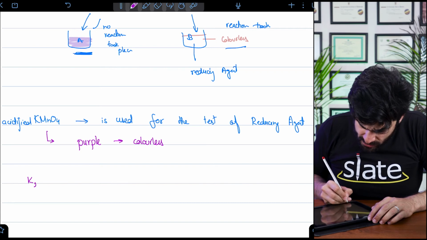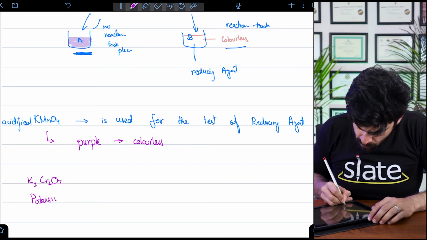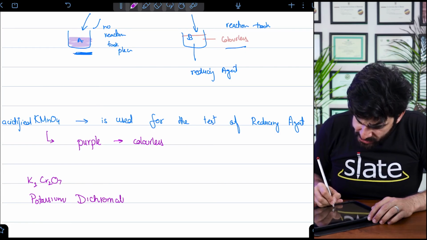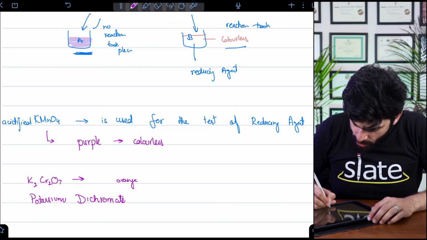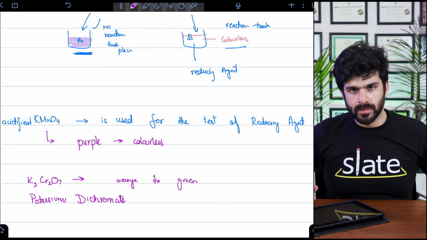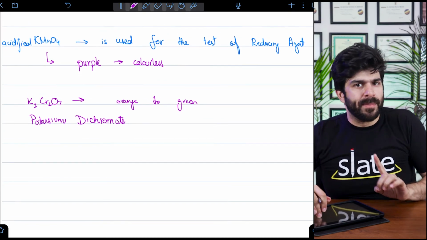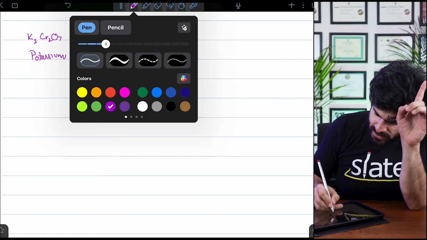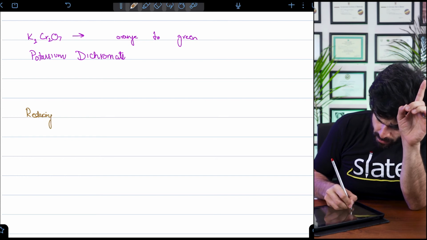The other entity was K2Cr2O7, potassium dichromate, also an oxidizing agent, and the color change was orange to green. That is for potassium dichromate, but that's not in the syllabus anymore. There is only one reducing agent in the syllabus, the main one.